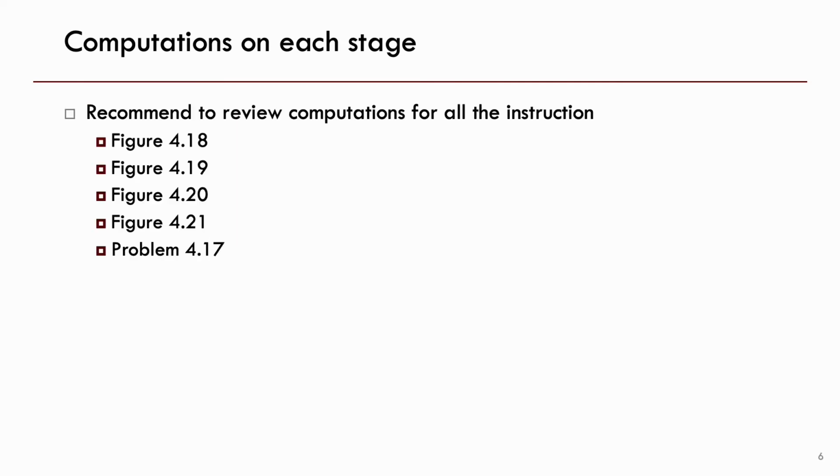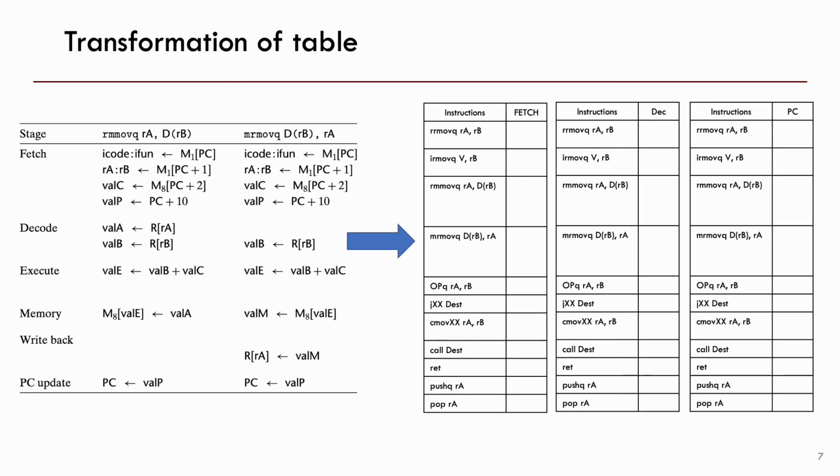I recommend you review the computations for all the instructions. You can find all the tables in figures 4.18, 19, 20, 21, and problem 4.17 in the Bryant book, chapter 4. Furthermore, I recommend you transform the tables you revisited before in the previous slides to the table on the right hand side in these slides.